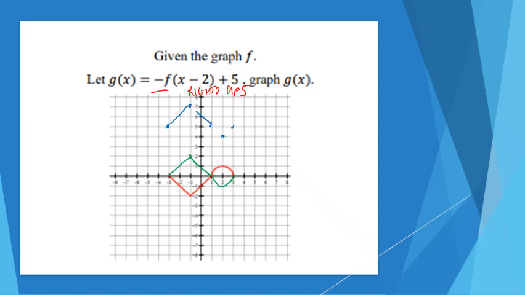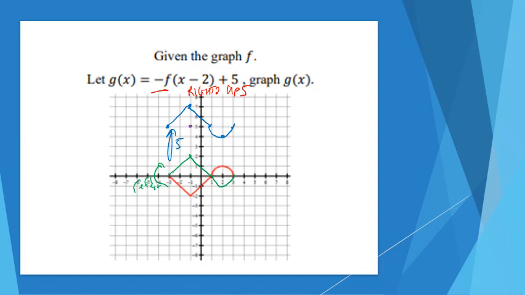There we go. That's a little sloppy. Let me clean that up as well. All right, so that is what our graph should look like after you move it up 5. And then this is going to be the flip. So that says reflect. And now we want to move it right 2.